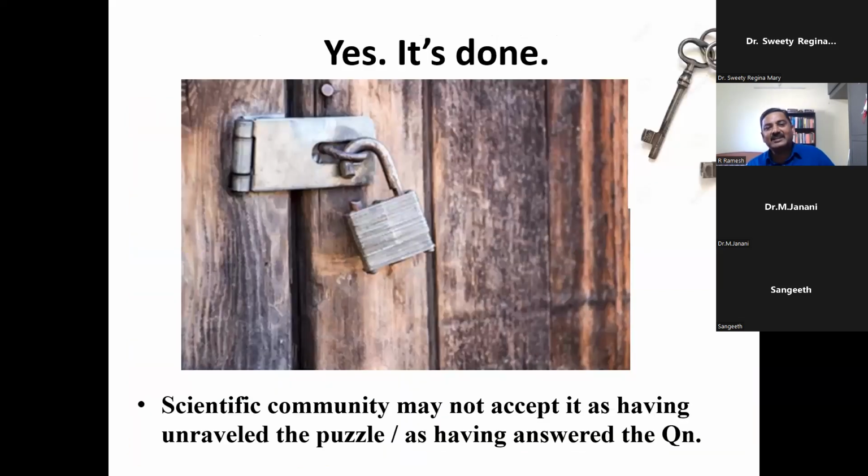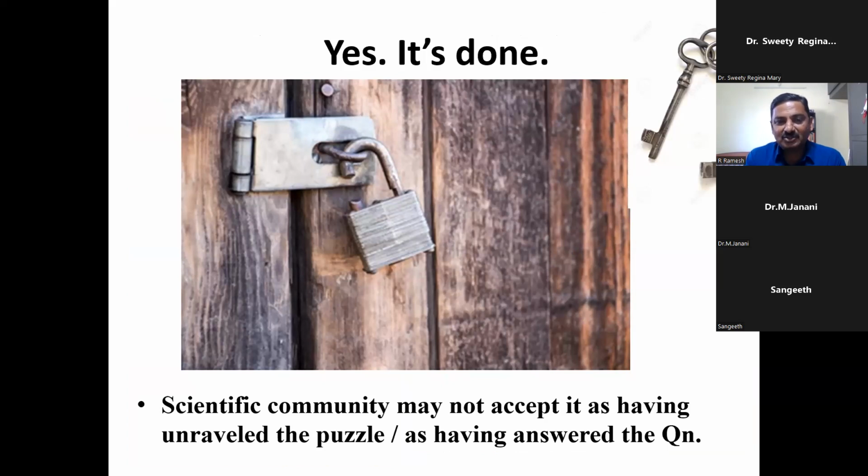Suppose we have opened a lock, maybe we have broken it open, we have used the wrong key or wrong tools, and we have somehow broken and opened the lock. But the scientific community may not accept it as having unraveled the puzzle or answered the question. This is something we must understand.